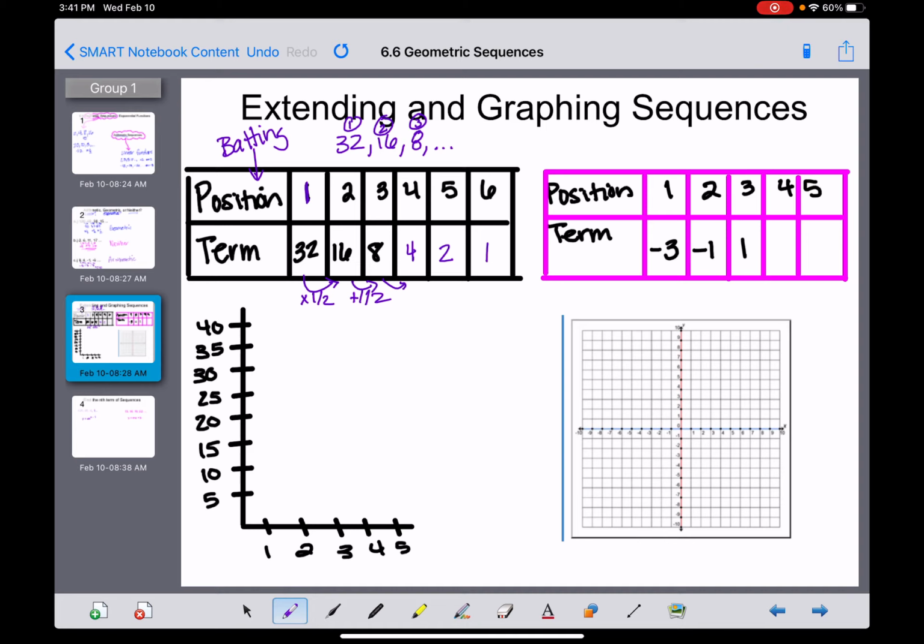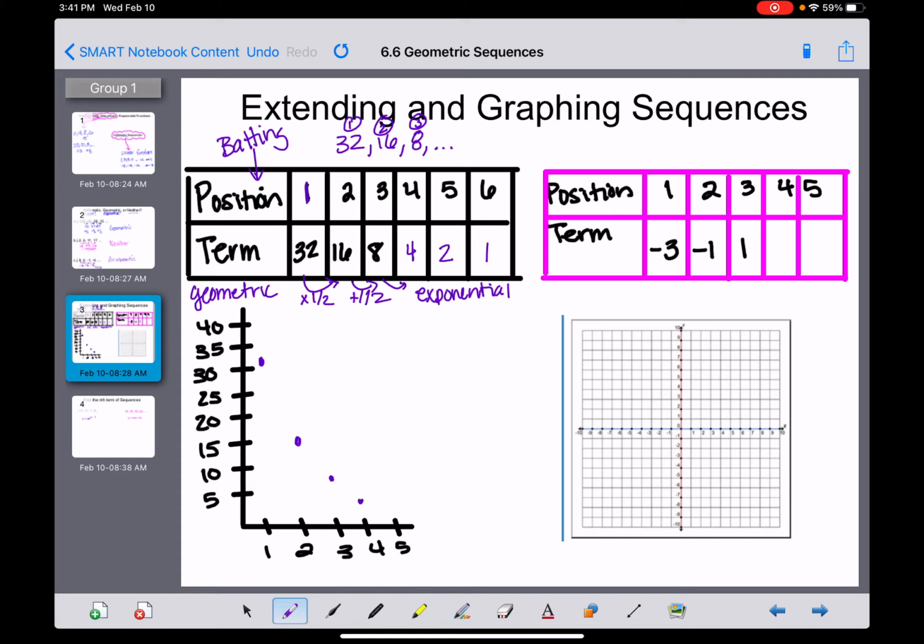We already know that this is a geometric sequence, and geometric sequences are related to exponential functions. So hopefully that's how my graph appears. In position 1, I was at 32. Position 2, I was at 16. Position 3 was at 8. Position 4 was 4.